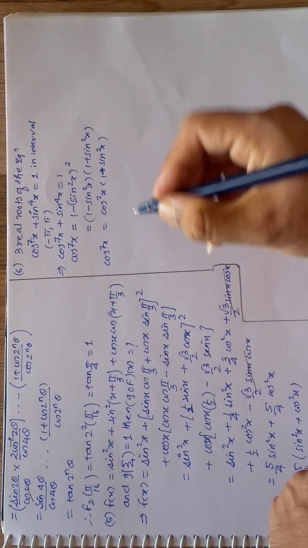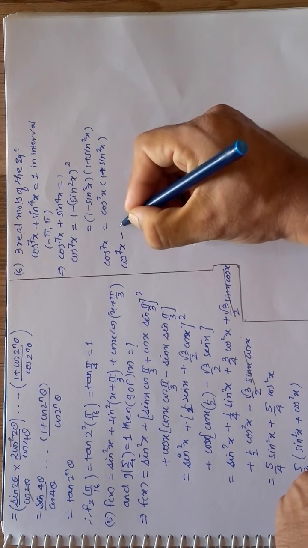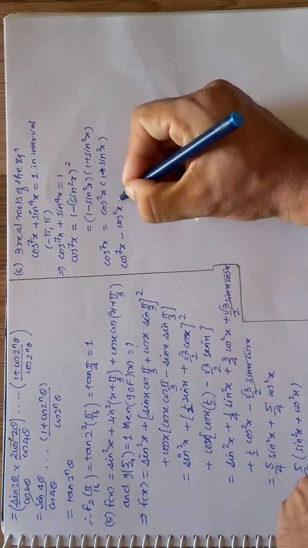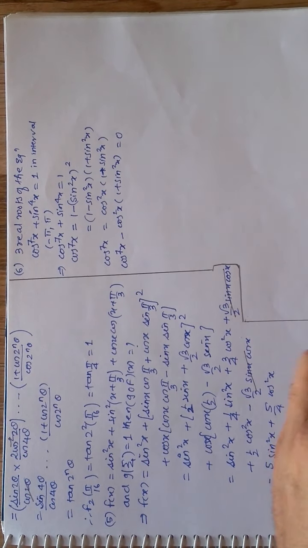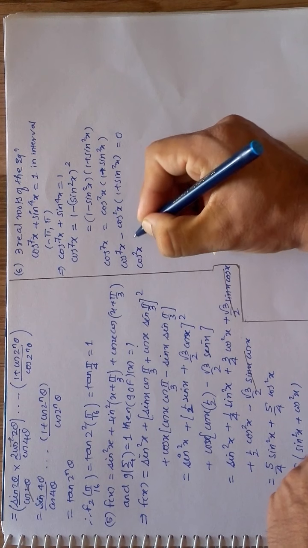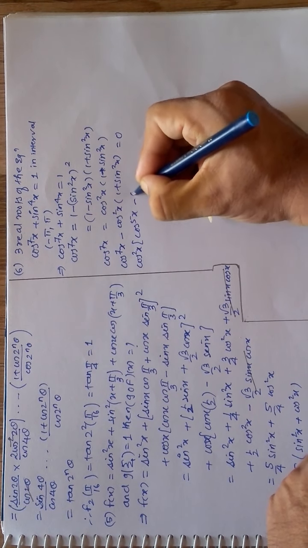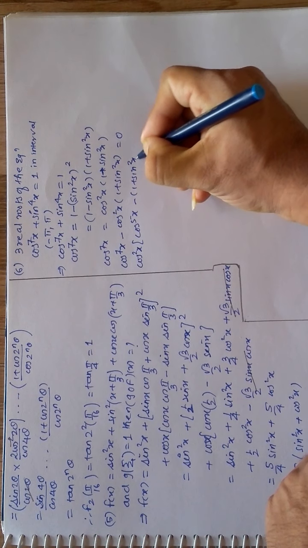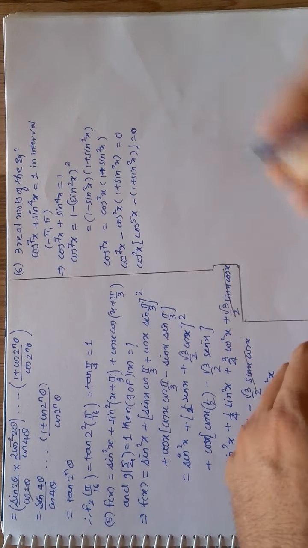So what I get here is cos raised to 7x minus cos square x into bracket 1 plus sin square x is equal to 0. Right? So I get cos square x into bracket cos raised to 5x minus 1 plus sin square x is equal to 0. Agreed?